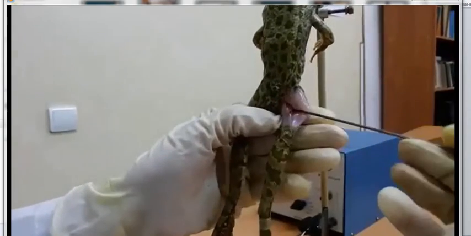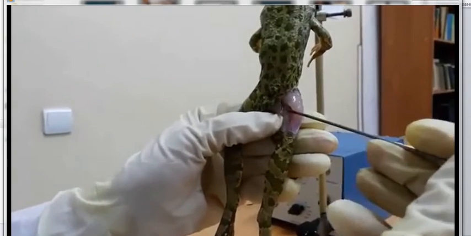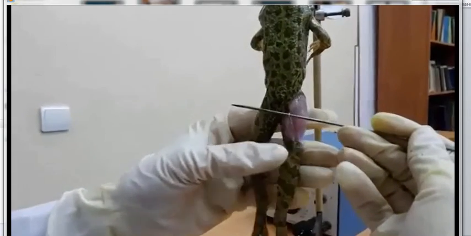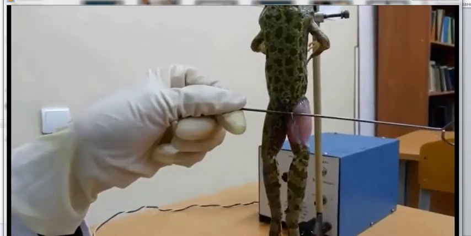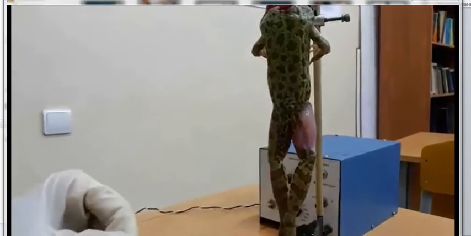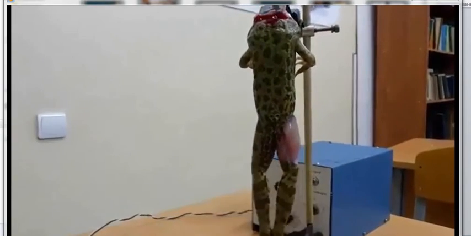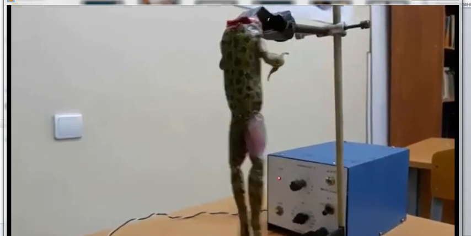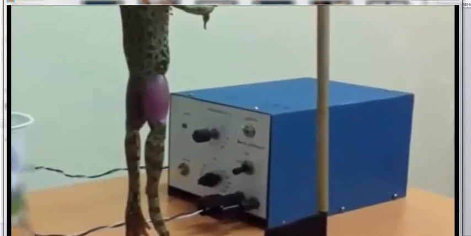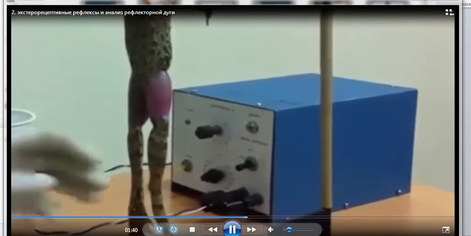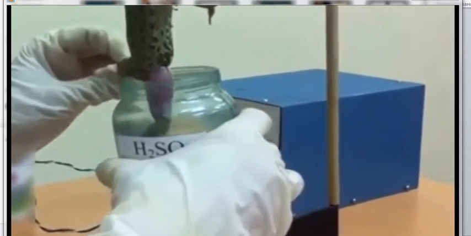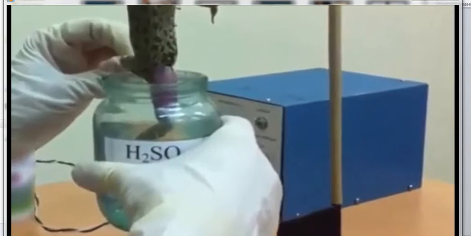If we take a nerve and damage it, and then take the same acidic solution and put the leg inside this solution, nothing happens.